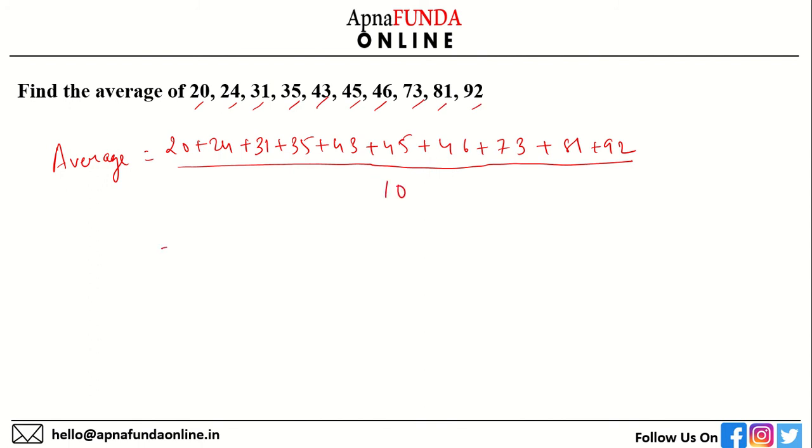The sum total of all this is 490, divided by 10. So my average is equal to 49. This is my answer. I hope you have solved along with me and you have also got the same answer.